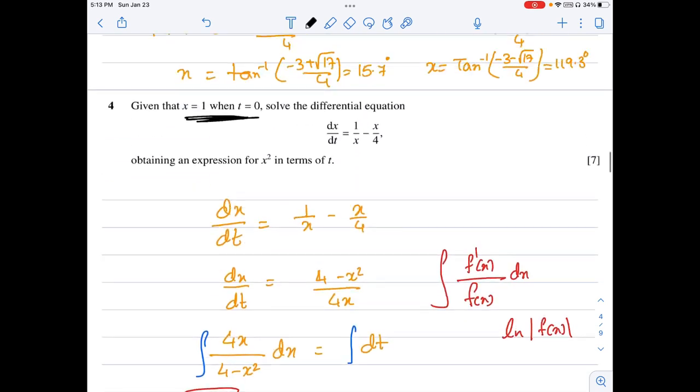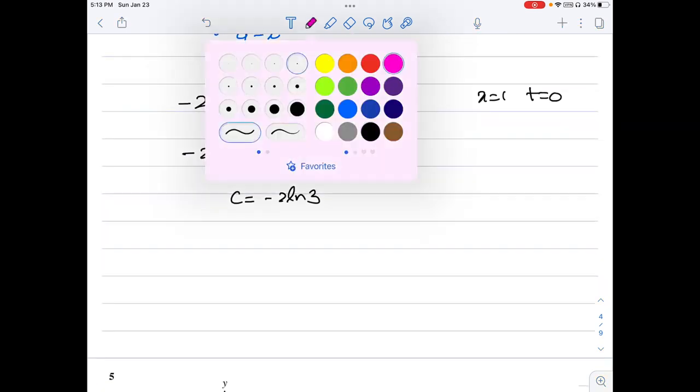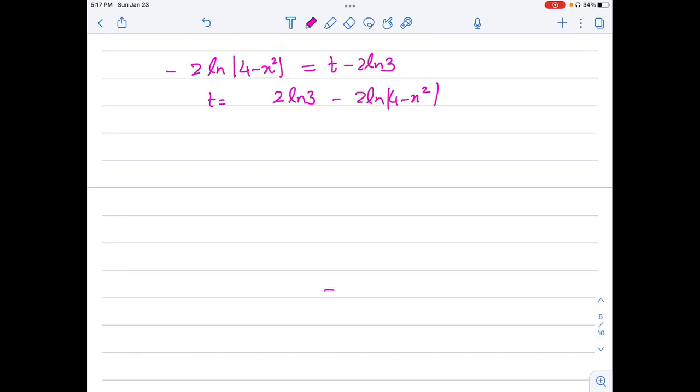And what is he asking? Find x square in terms of t. So I got negative 2 ln of 4 minus x square is equal to t minus 2 ln 3. So t is equal to 2 ln 3 minus 2 ln of 4 minus x square. So now t equal to 2 common, ln of 3 upon 4 minus x square.